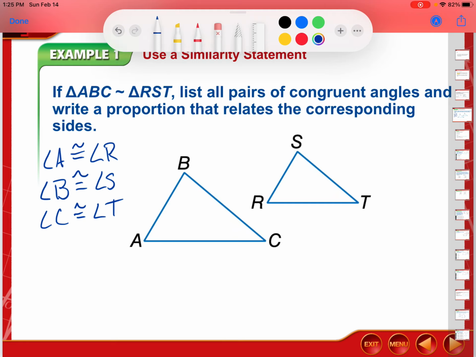Now, the second piece of this is they want us to write a proportion that relates the corresponding sides. Now, I'm going to write one big proportion. However, you can write these all individually as well if you so choose.